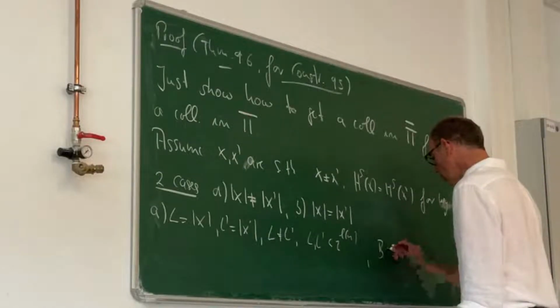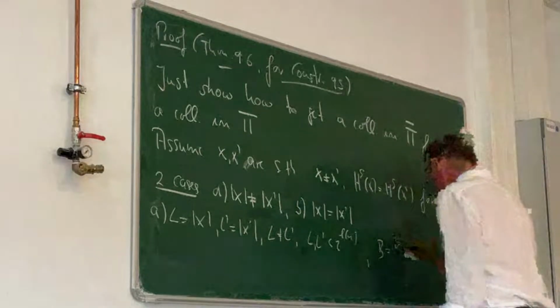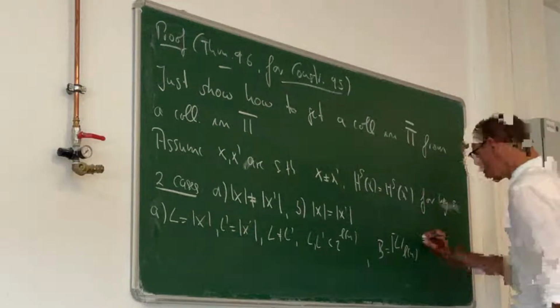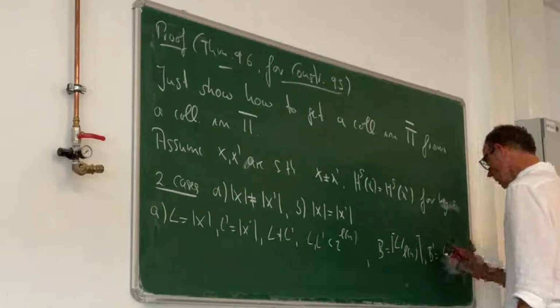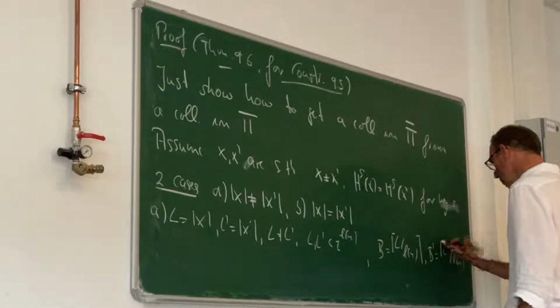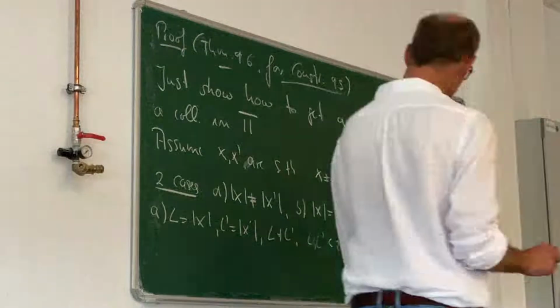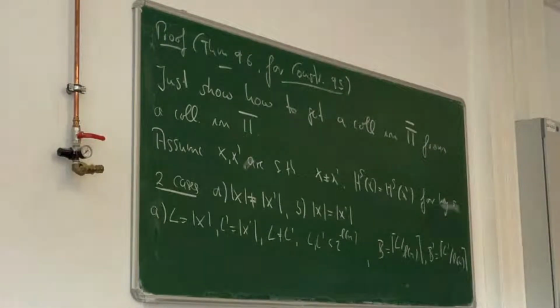And then we set B to be L divided by L of n. We have some security parameter in mind. And we have B prime, which is L prime divided by L of n. B and B prime may or may not be different.